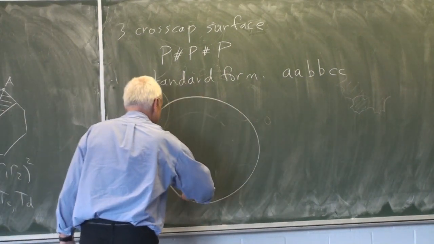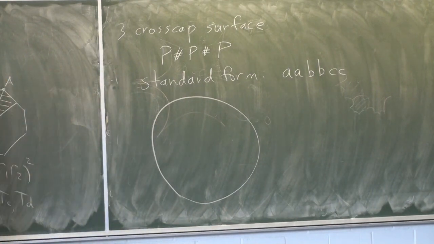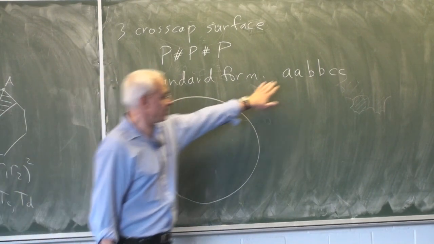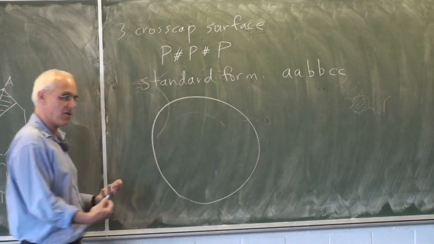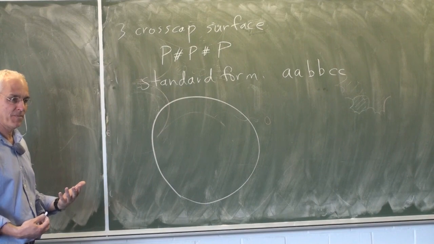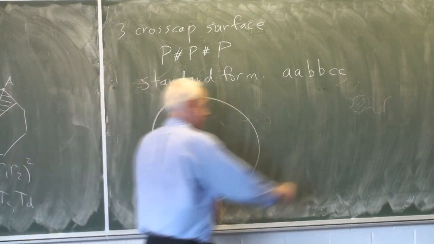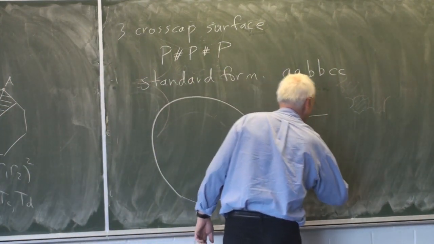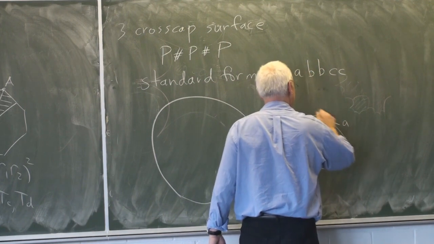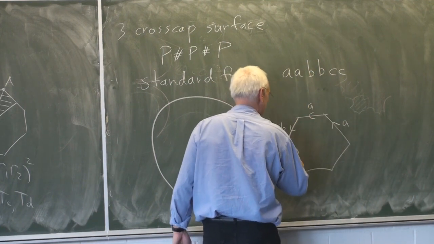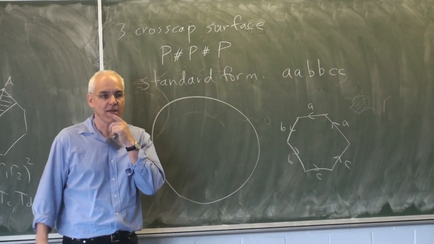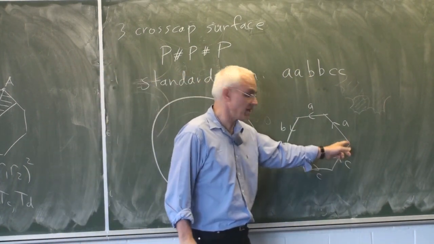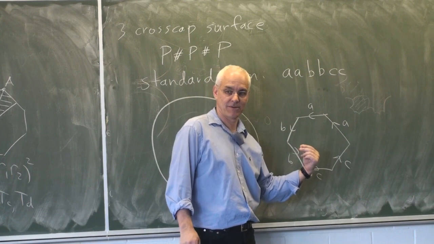And what we're going to need is a hexagon with 6 sides, 1 for each one of these letters. And how big is the angle going to be? Well, in the hexagon that we're going to use, A, B, B, C, C, again, all of these vertices are going to be identified.